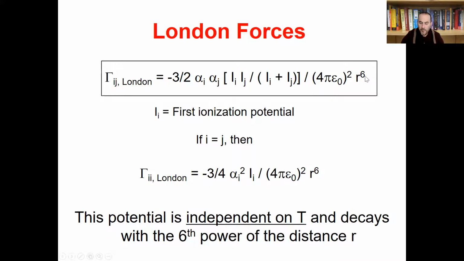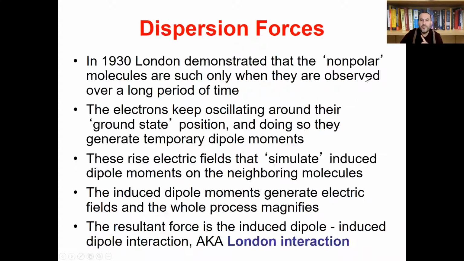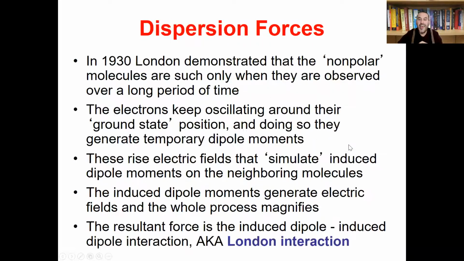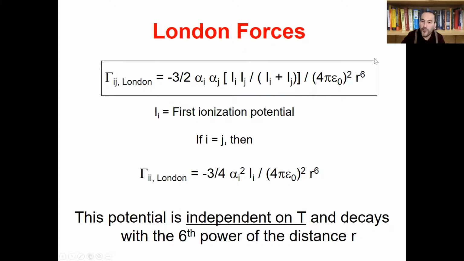One thing I forgot to say: the induced dipole moment also scales with 1/r⁶. London dispersion forces are the same; they decay with inverse r⁶, but they are a function of molecular properties. First, polarizability. Second, first ionization potential.